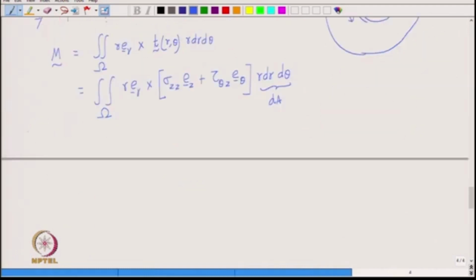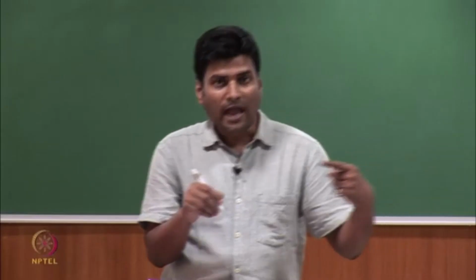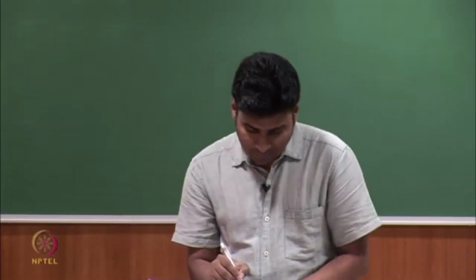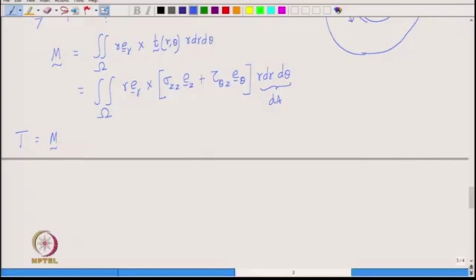Okay. So, the torque T, what will be the torque T equal to? Torque is the moment along the axis. So, that is simply moment m dotted with E z, correct.